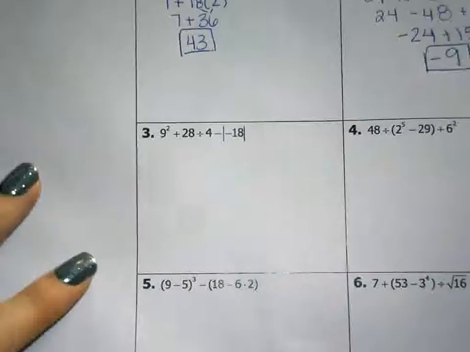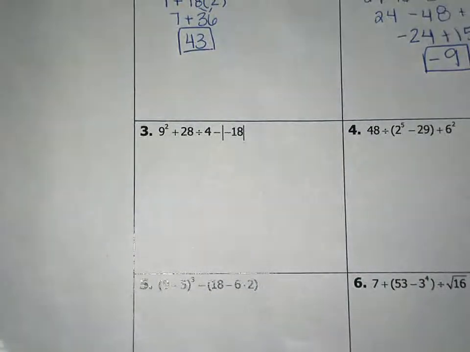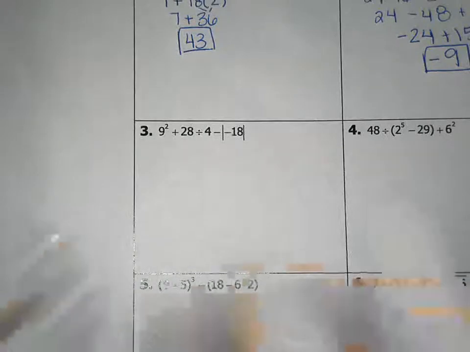Okay, let's go to number 3. What comes first in terms of order of operations? And what are those type of parentheses called? Absolute value. So what is the absolute value of negative 18?